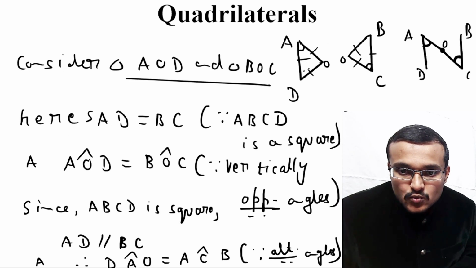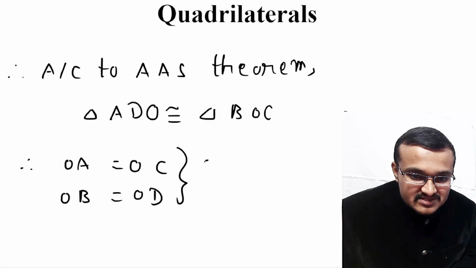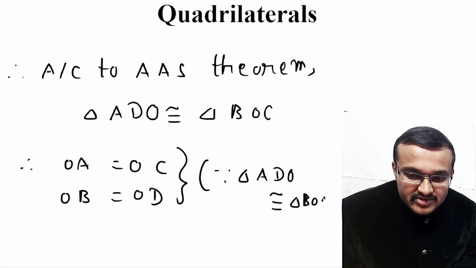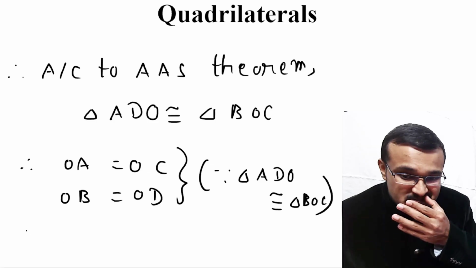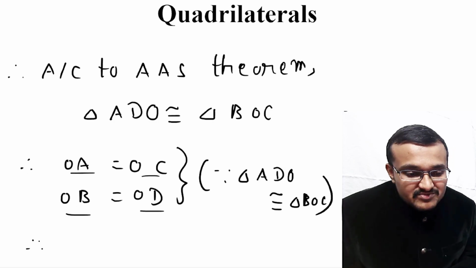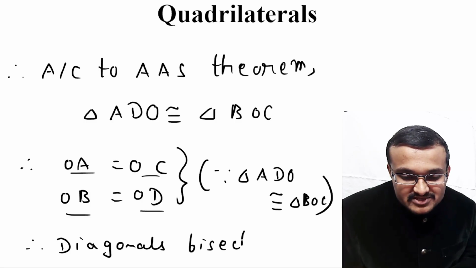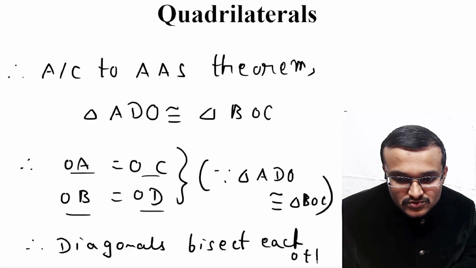That means OD is equal to OB and AO is equal to CO. Therefore OA is equal to OC and OB is equal to OD, because triangle ADO is congruent with triangle BOC. So diagonals bisect each other.